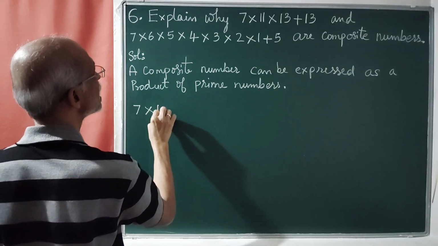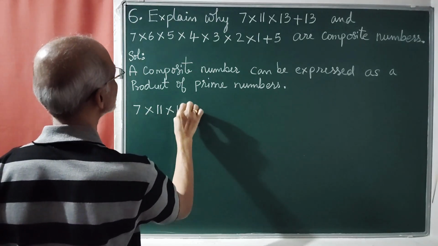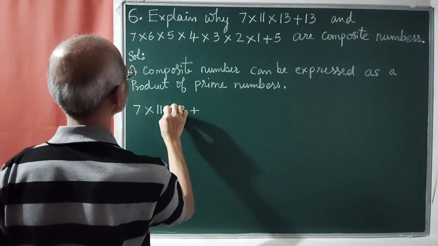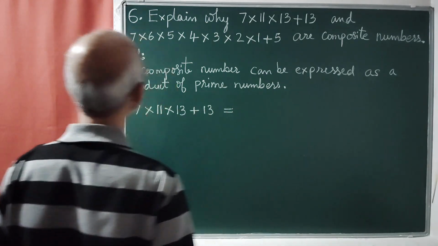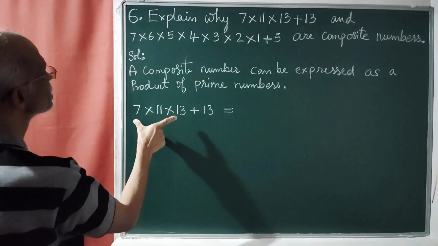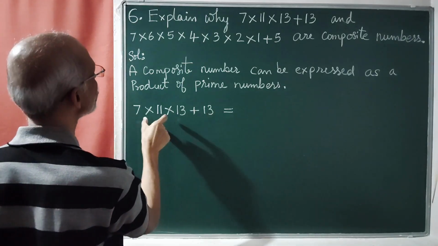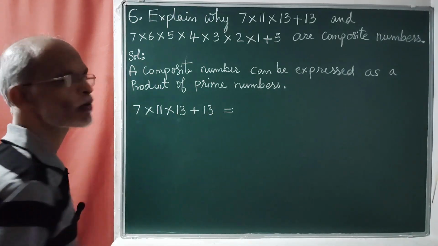7 into 11 into 13 plus 13. You can see here there are two groups. Among these two, 13 is the common factor.